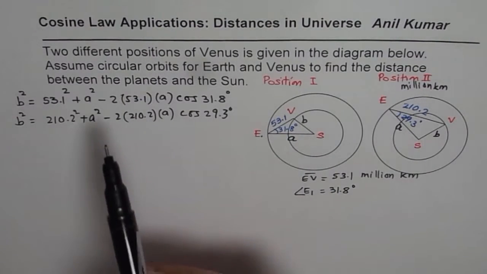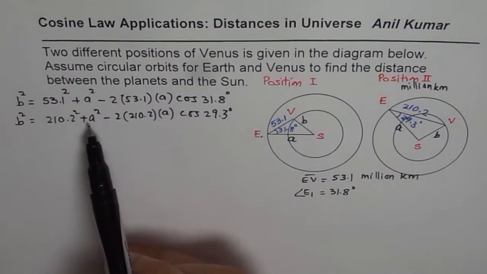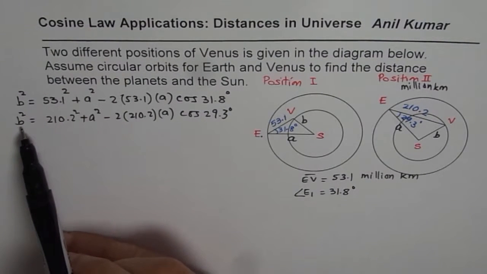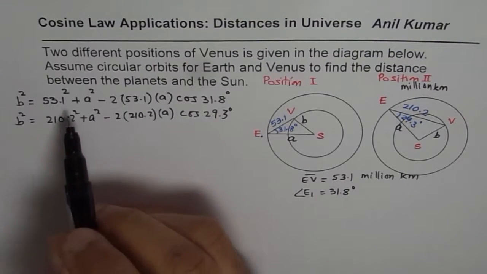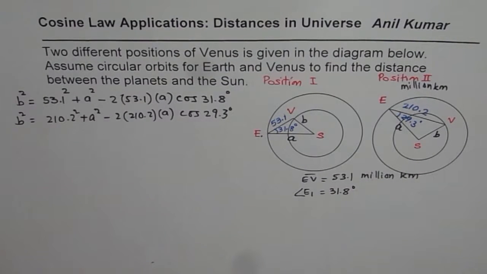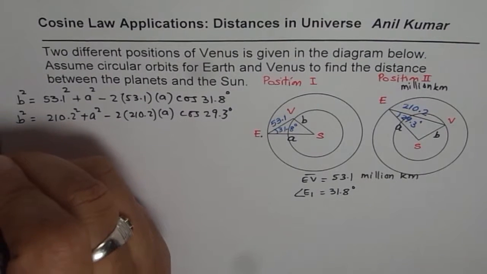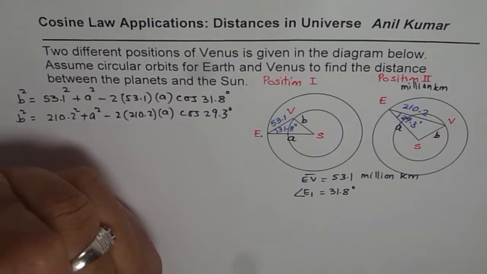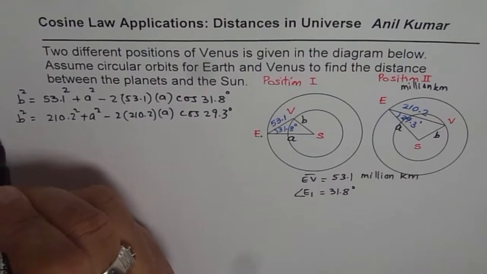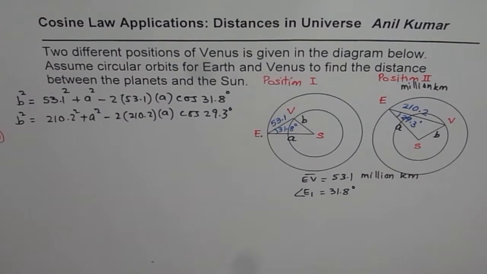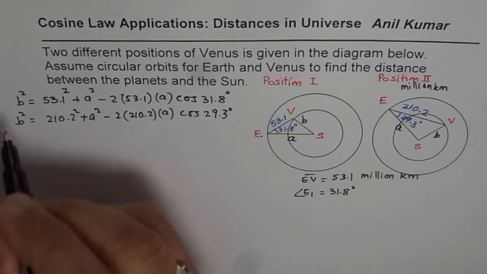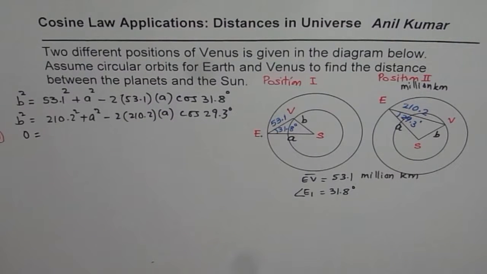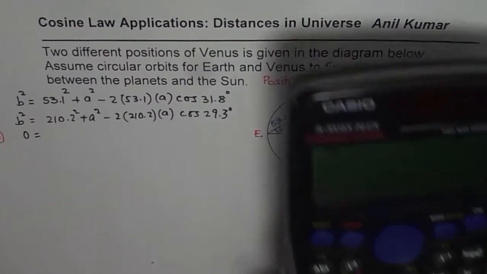Now, an easy way to solve is if I do equation 2 minus equation 1. Let's call this equation 1, and this equation 2. So in that case, B square minus B square is going to be 0, right? We can use the calculator to write down the answers directly.